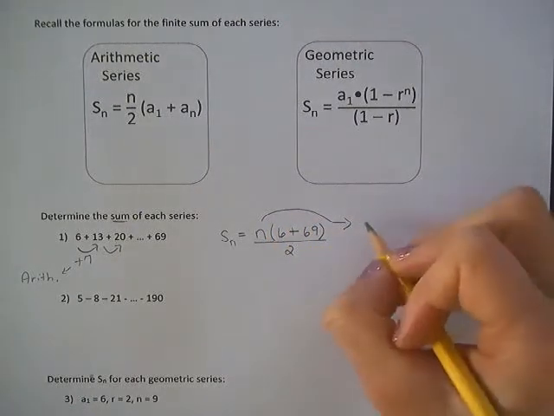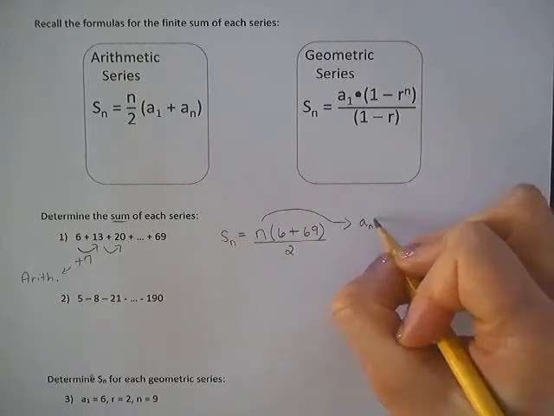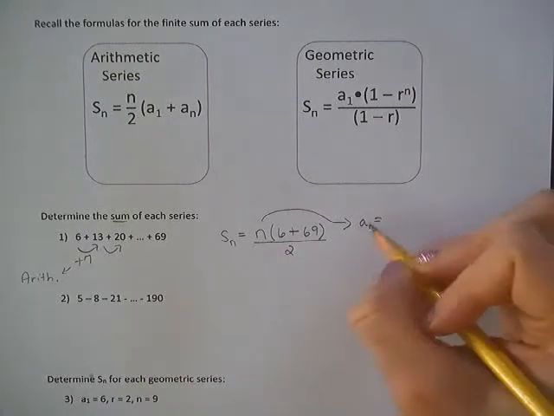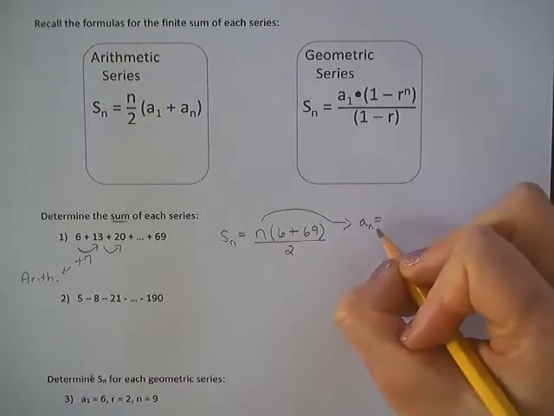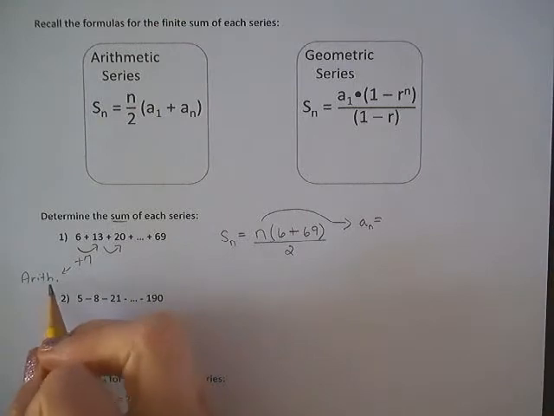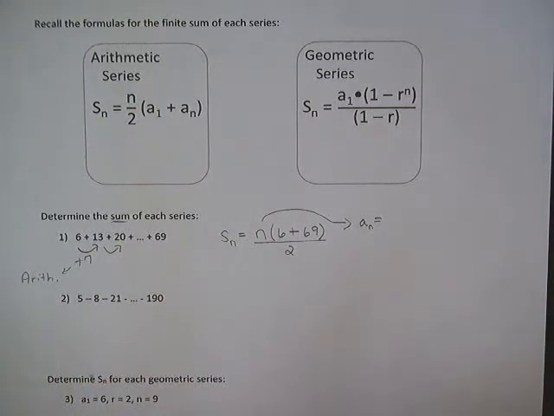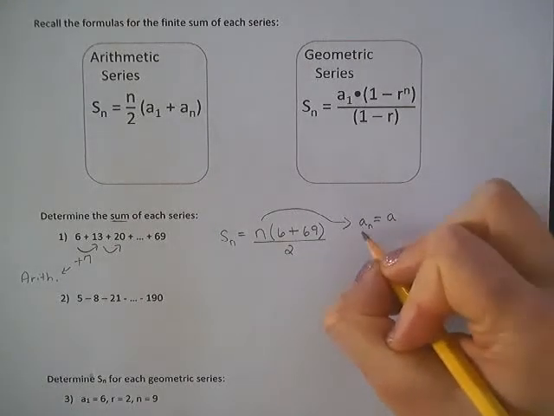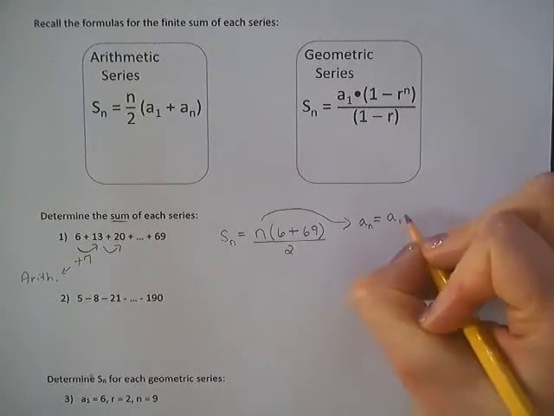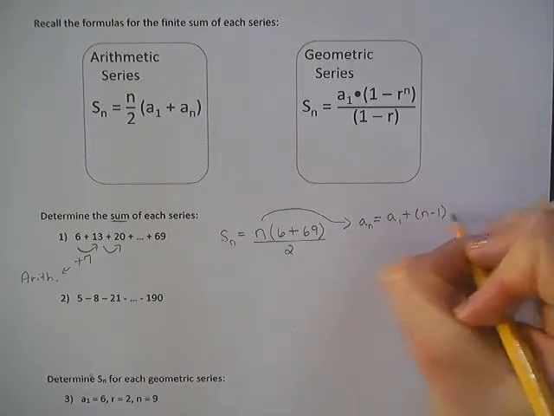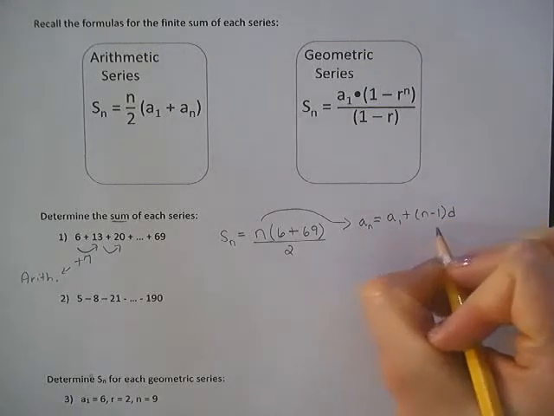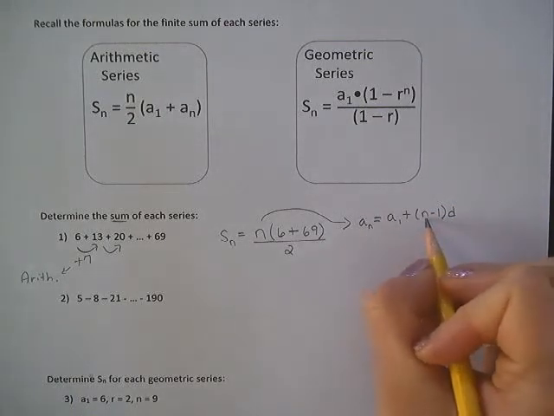Remember, the explicit formula can be used to help you find other information than just a term in your sequence. It's arithmetic, so I'm going to copy down the arithmetic explicit formula: a sub n equals a sub 1 plus n minus 1 times your common difference. This will be a little different because we have to find n this time.